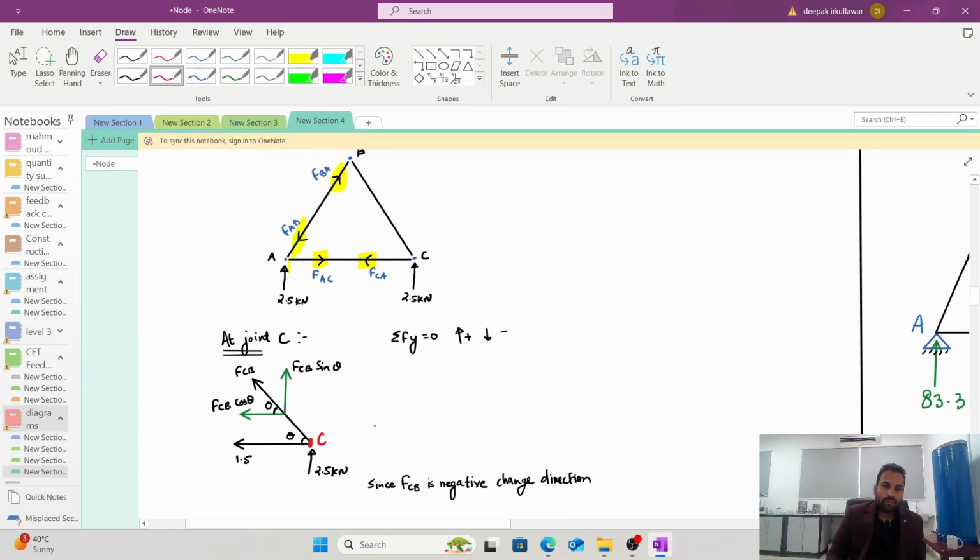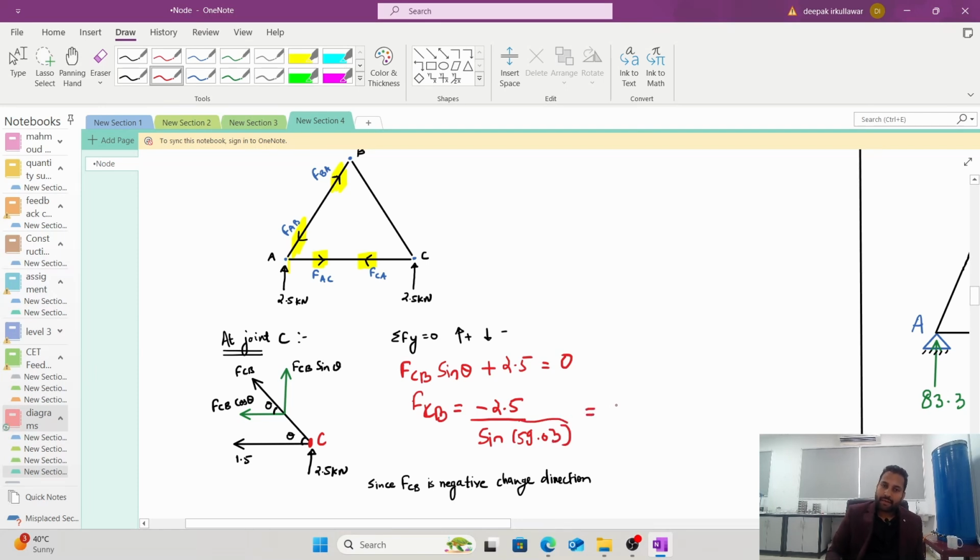At joint C, the summation of forces in the y direction equals 0. What would be the forces in y direction? FCB sin theta is going up plus 2.5 is going up, equal to 0. So FCB is negative 2.5 over sin theta. Theta was how much? 59.03.